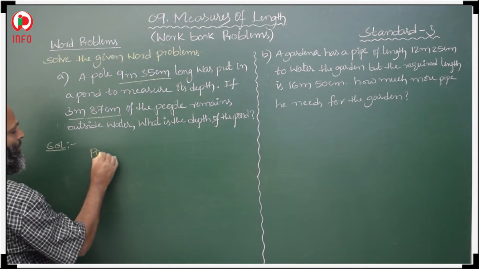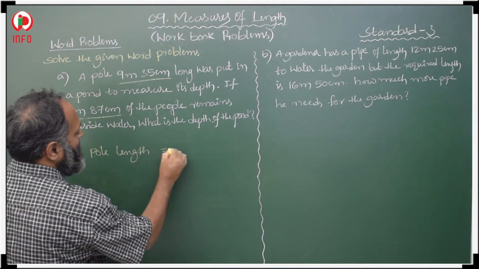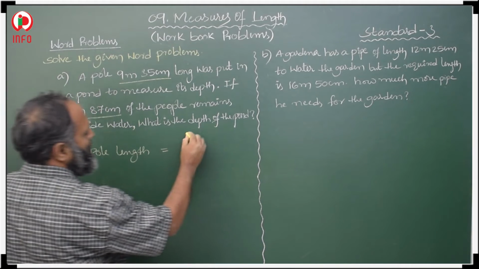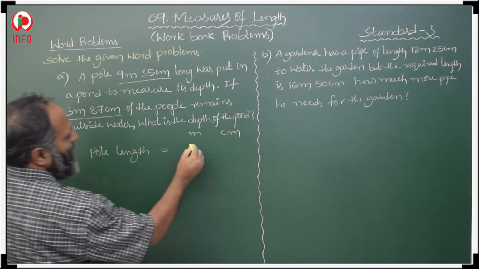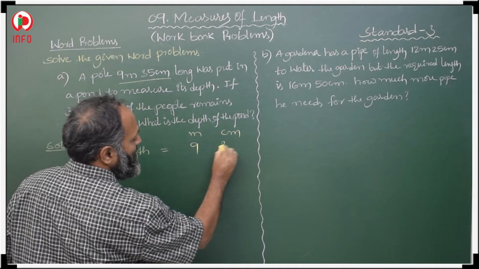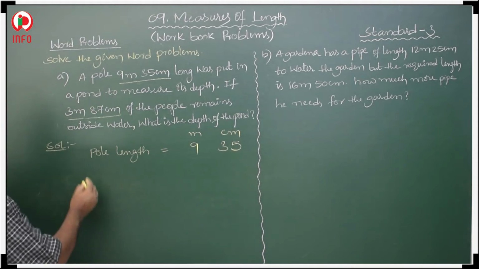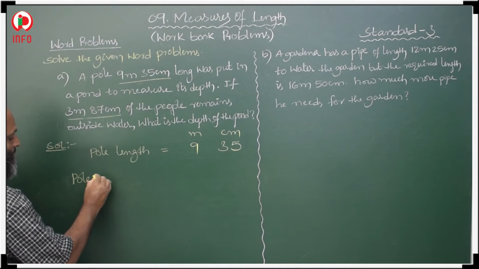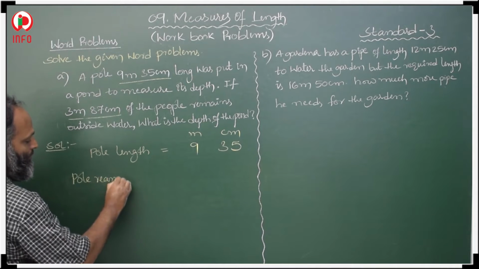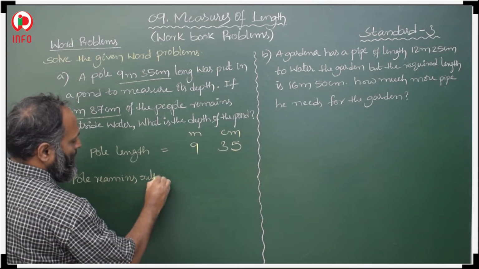Pole length. Here meters and centimeters are given, first meters and then centimeters: 9 meters 35 centimeters. Next, the pole that remains outside of water.